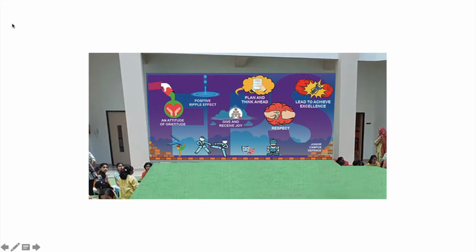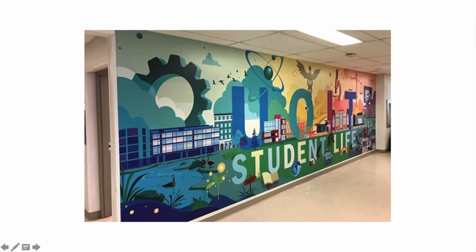Okay, so let's just look at a couple different examples of murals. So this is a good one for telling a story. This is using imagery and text, and it has a nice cohesive look to it. It has a background that's made up of these initials, and then again it tells you a little story of what happens. And then this tells you a story of student life, in a different format.